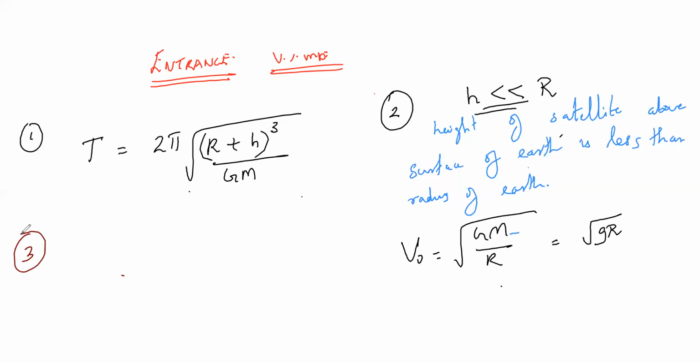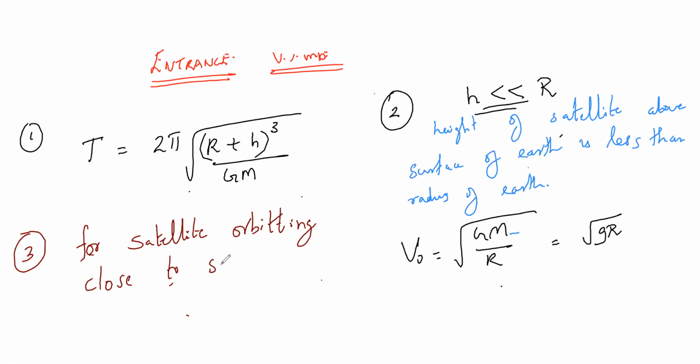Third important point: for the satellite orbiting close to the surface of Earth, same condition, H is much less than R, or the radius of the Earth is greater than the height of the satellite.